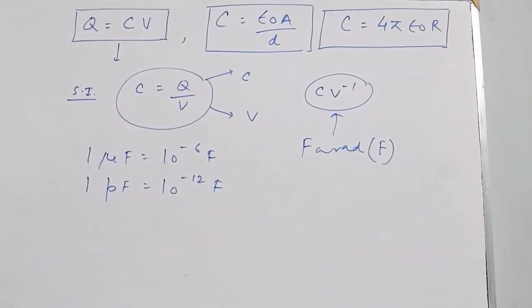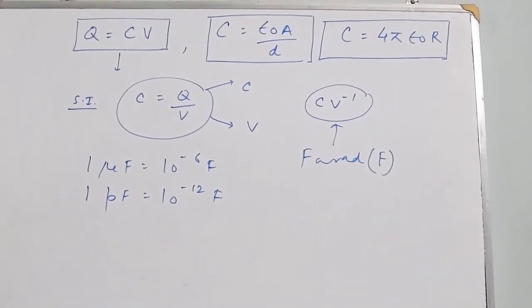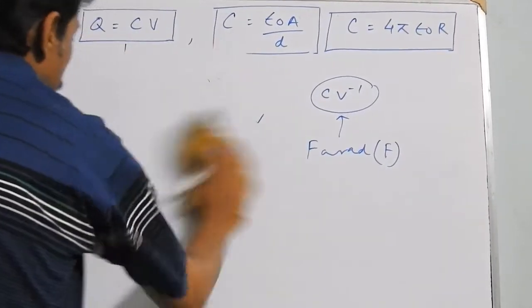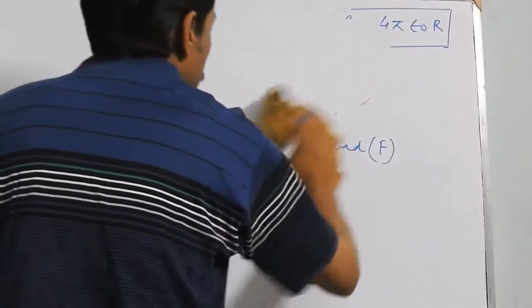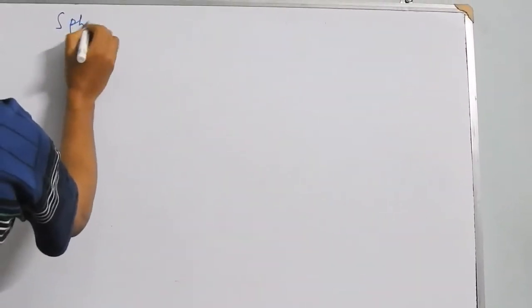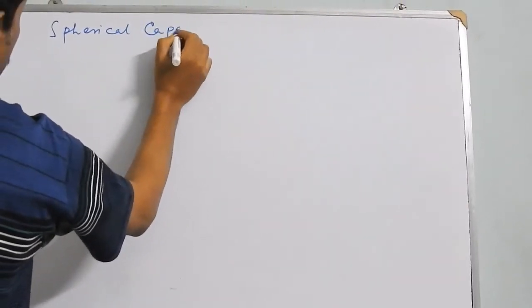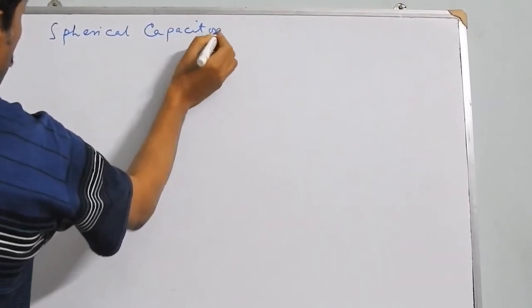Now we shall discuss the capacitance of a spherical capacitor. A spherical capacitor will consist of two concentric spheres.